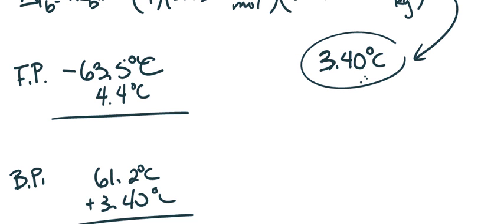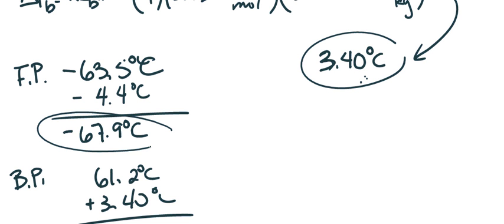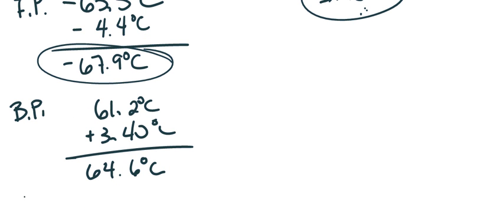Okay. Alright, so we need to subtract that, so negative 67.9. Okay. So, correction. There's our new freezing point after I added the correct value in there, and there's our new boiling point for chloroform.